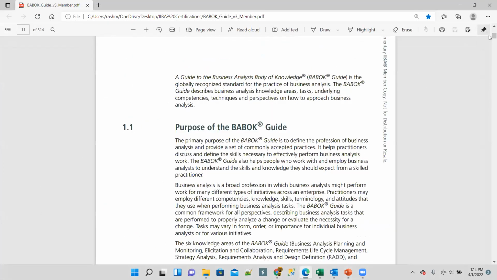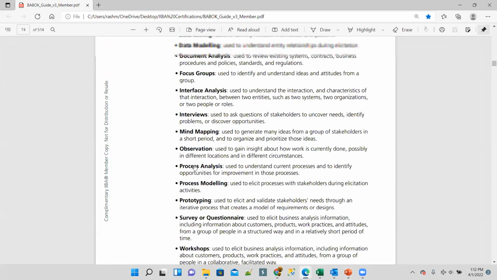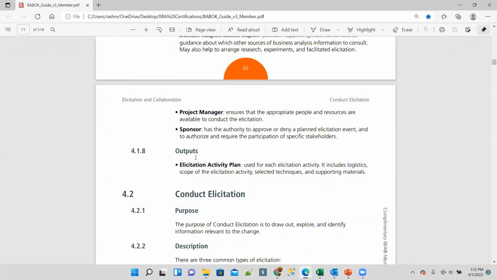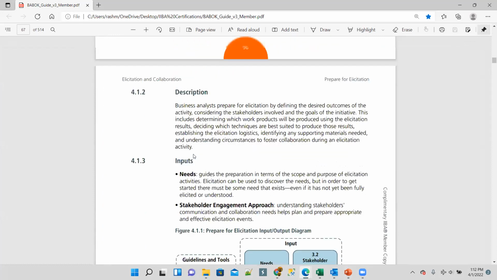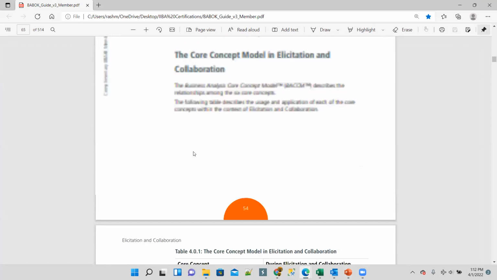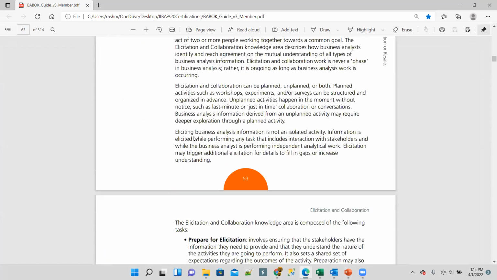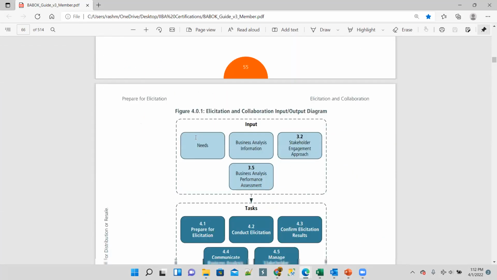So this is chapter 1 of the BABOK guide. Now if we go down to, say, for instance, chapter 4, which is one of the knowledge areas, you'll notice, as an example, the way the chapter is broken down is you have elicitation and collaboration. But within that, you have different tasks.